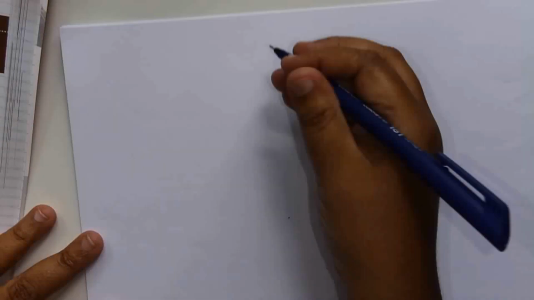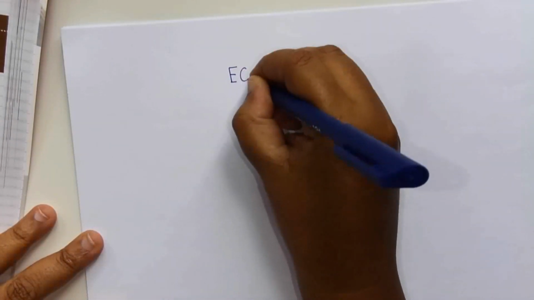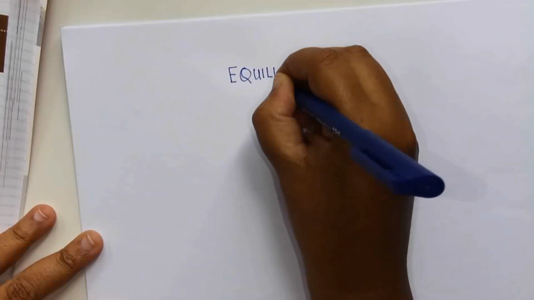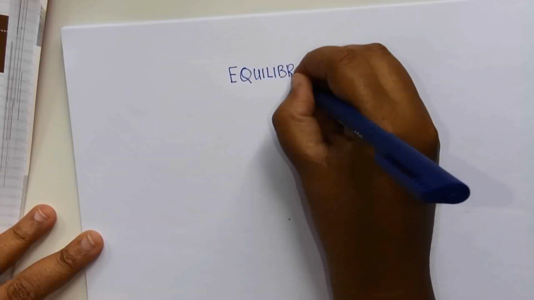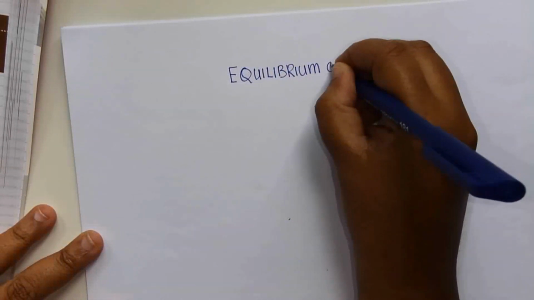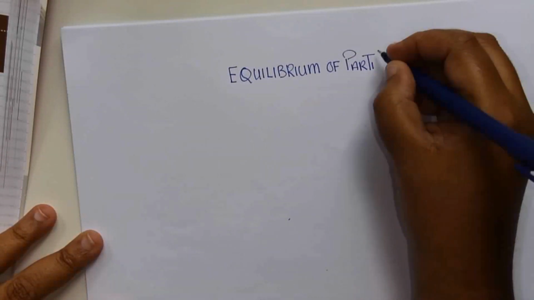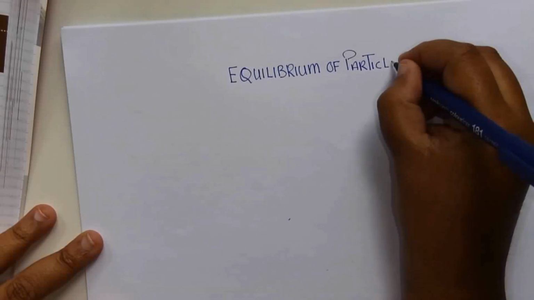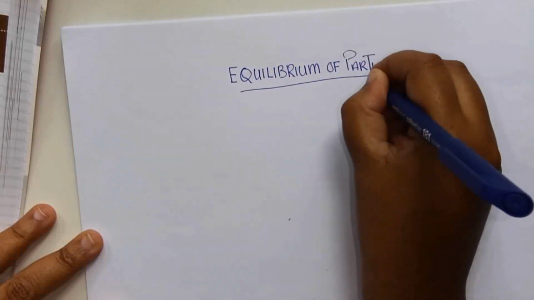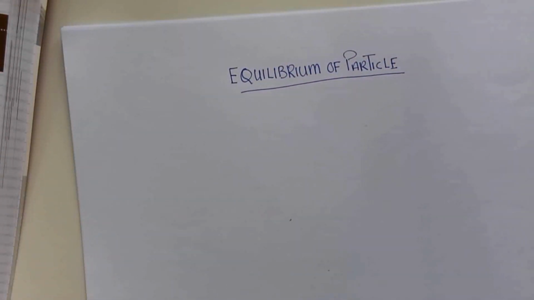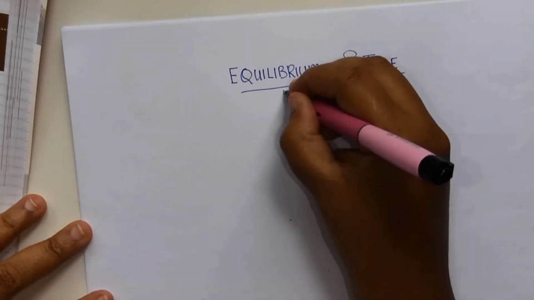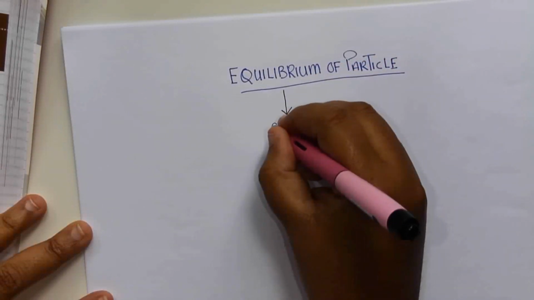Understand what is the equilibrium of a particle. Now, equilibrium here means we are talking about static equilibrium.